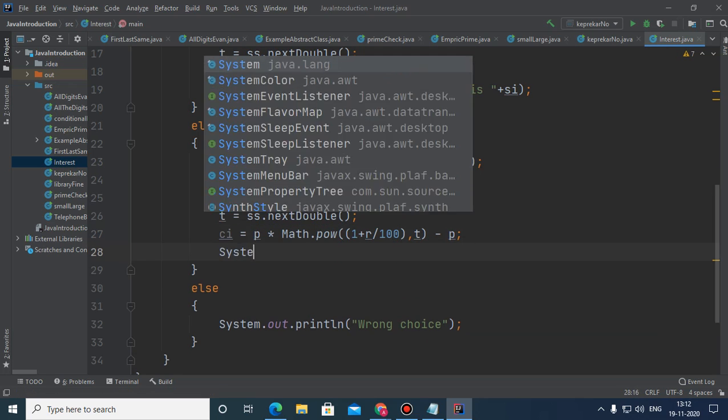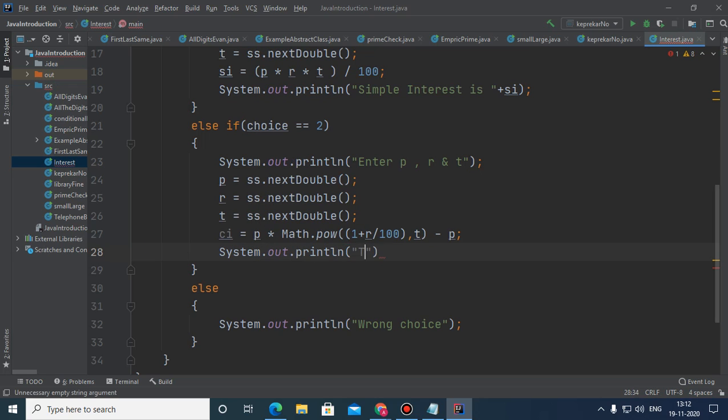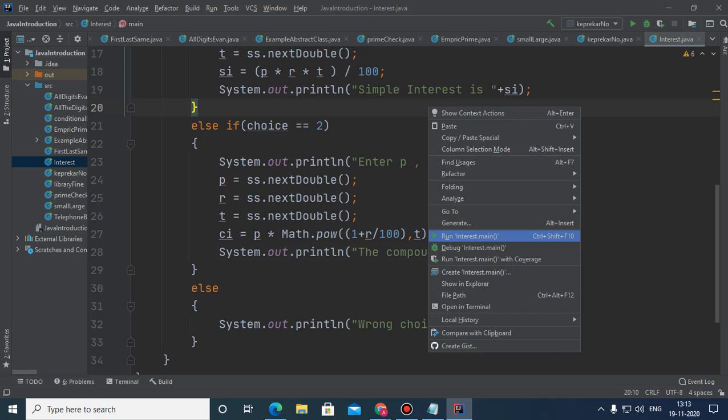And after that, the compound interest is this one. So if you have not understood, then please tell.